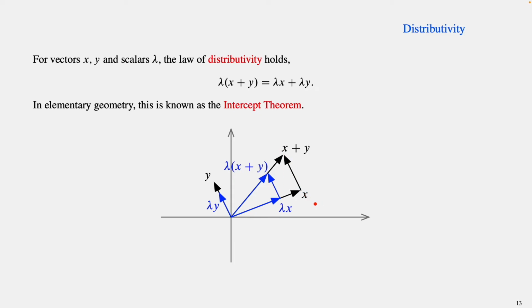Of course the ratios are just given by the length of x divided by the length of y, or the length of lambda x divided by the length of lambda y, and the lambda of course cancels out, so you see the ratios are the same. And this is represented by this distributivity.